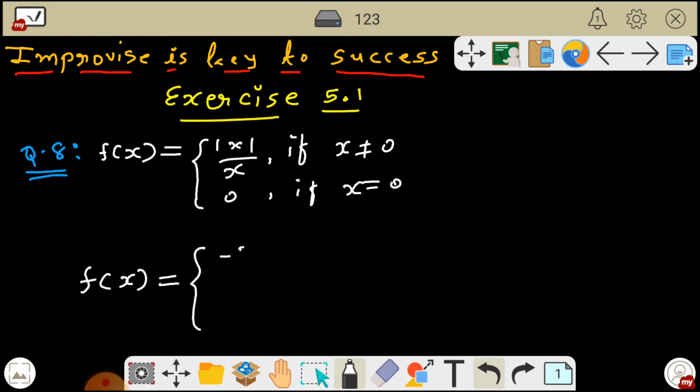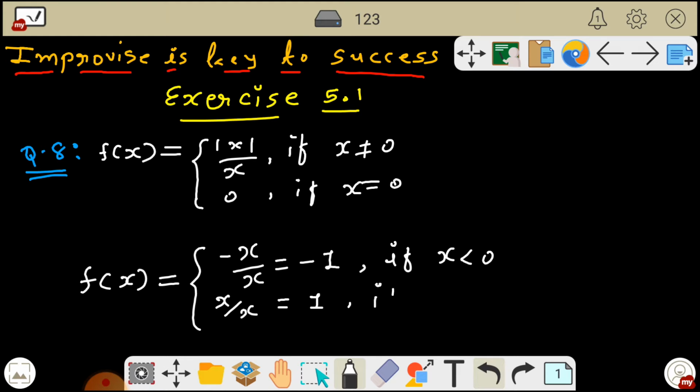First is minus x upon x, which is minus 1, if x less than 0; x upon x is equals to 1 if x greater than 0; and 0 if x is equals to 0.